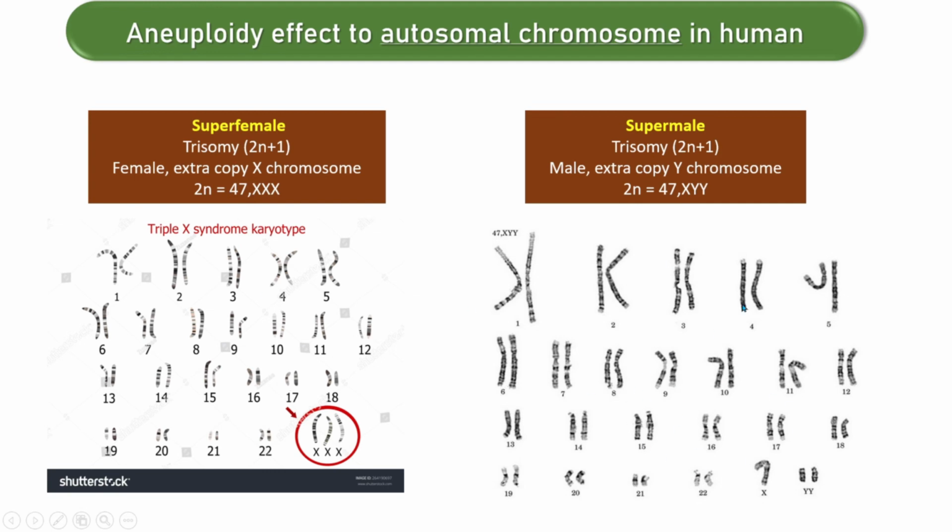This is a karyotype for super male, where the sex chromosome has 3 copies. Y chromosome has 2 copies. Hence, super male is a trisomy, 2n plus 1. The number of chromosomes in super male is 47.